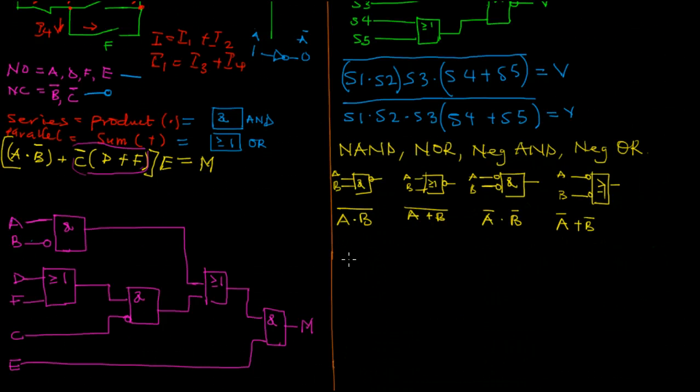Now let's talk about De Morgan's theorem. De Morgan's theorem shows how these function block diagrams, or Boolean algebra as the case may be, relate with each other, the similarities between them.